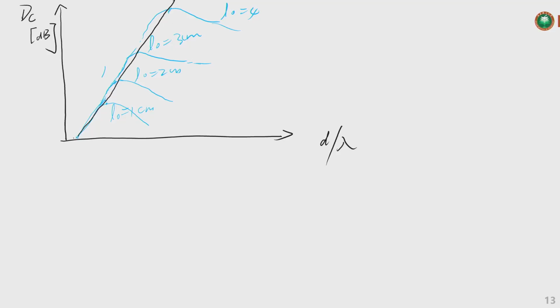So let's take an example to see how this can be used.